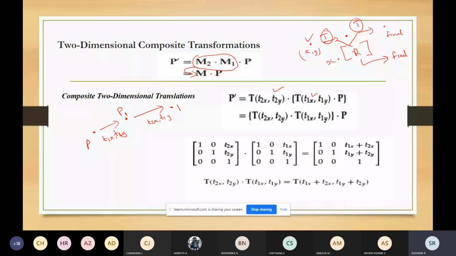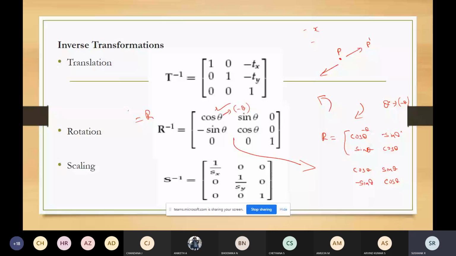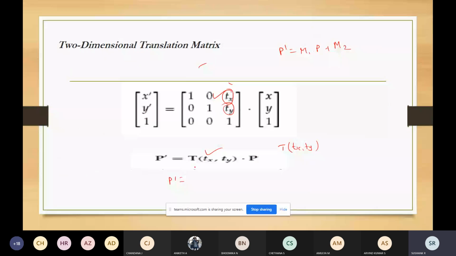So instead of applying like this, I'll find the product of these intermediate matrices. You know that T of tx comma ty, in the previous equation you would have seen, is the identity matrix with the third column substituted with the shift values.